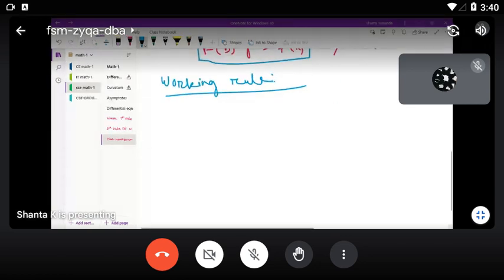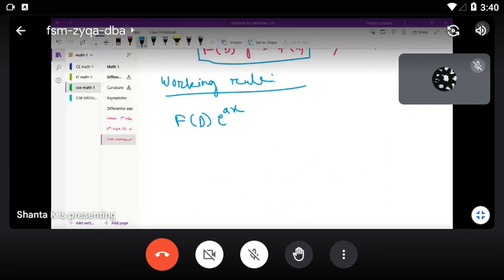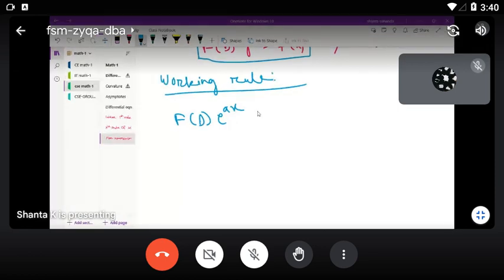So here f of D acting on y, and suppose this y is the exponential function e^(ax). Without solving, we simply replace D by a and we will get our result. So this is the first one.